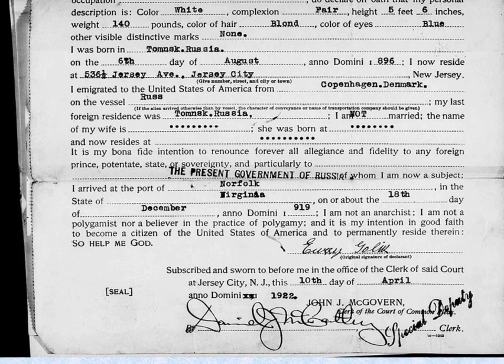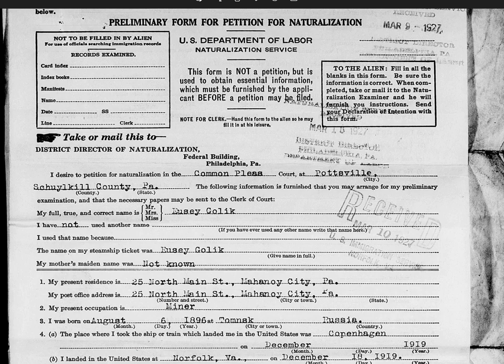So he waits a number of years, and he applies for a preliminary form for a petition for naturalization. And we look at this form, and we notice that there are some interesting things here. He says, the name on my steamship ticket was Uzi Golik. That's on the upper part.